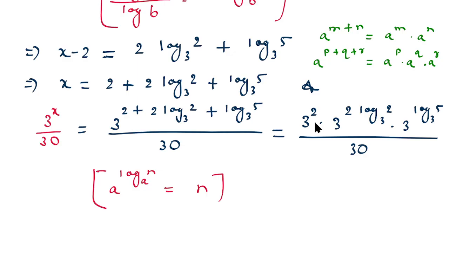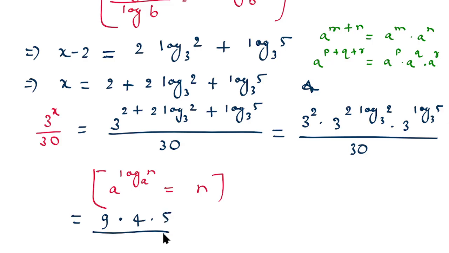So I will apply it here. 3 to the power 2 is 9. Here the base is 3 and the logarithm base is also 3, so we can write 2 only. 2 into 2 becomes 4. Then here the base is 3 and here also base 3, so the answer will be 5.